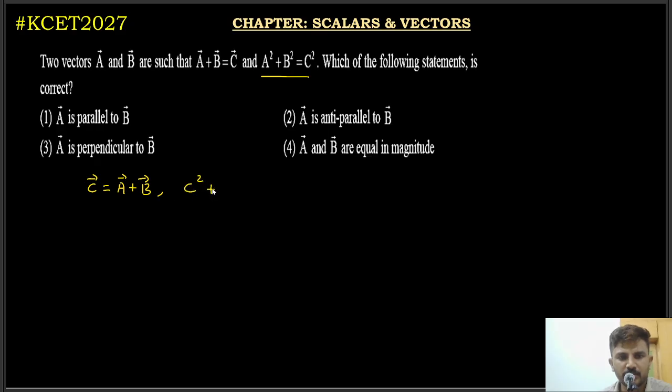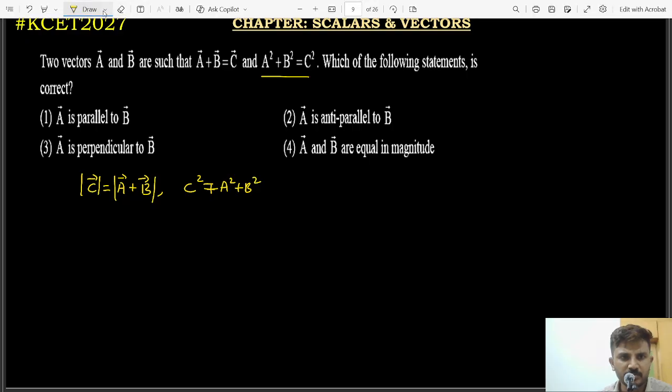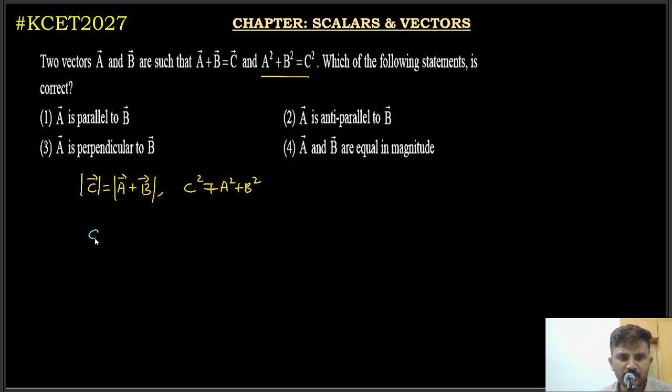Now let us take the magnitude here. C square is equal to A square plus B square plus 2AB cos theta.